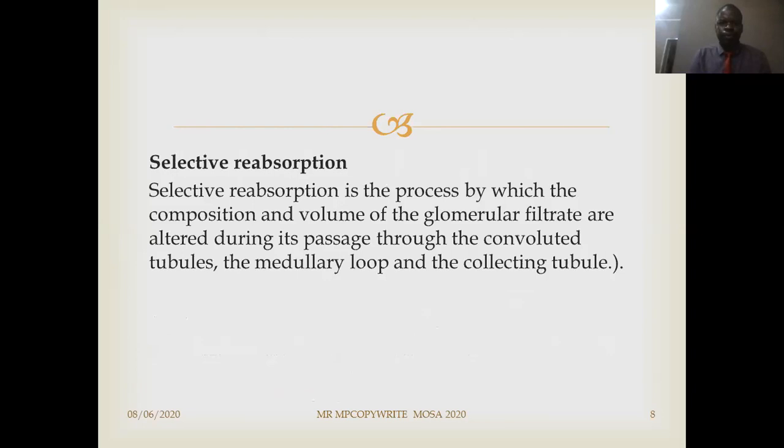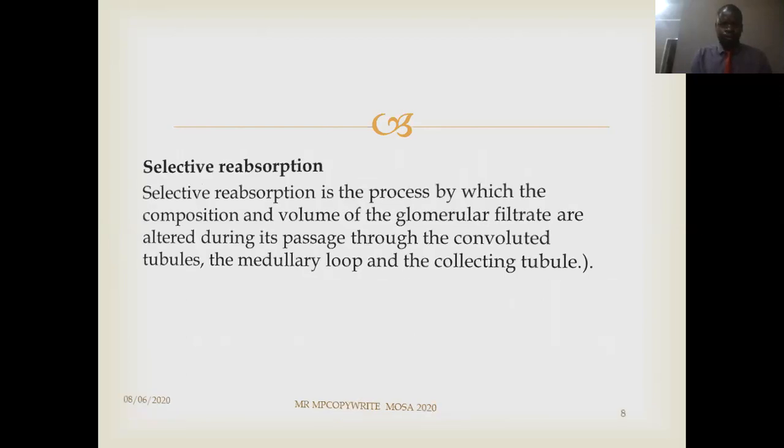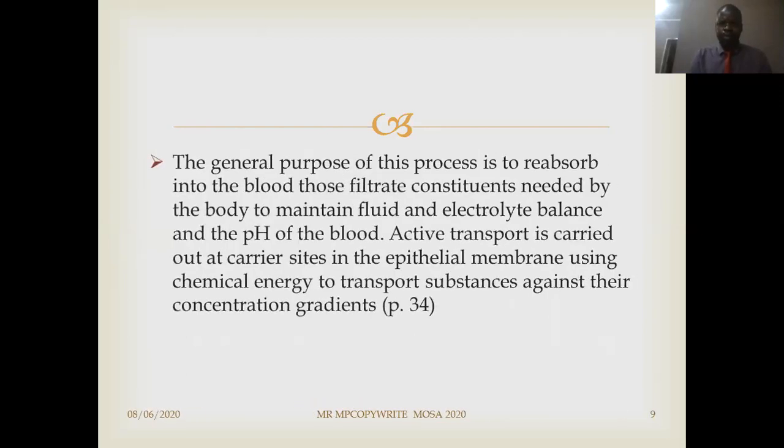So the substances which were filtered through the glomerular capsule get reabsorbed at various sites in the tubules and the medullary loop. The general purpose of this process is to reabsorb into the blood those filtrate constituents needed by the body to maintain fluid and electrolyte balance and the pH of the body.